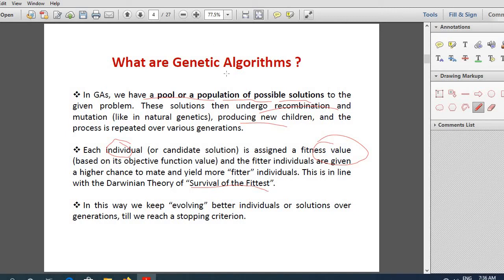So what is the meaning of this? In GA, suppose we have some 100 input variables. So there may be 100 factorial ways; the search space can be 100 factorial. You can't check the feasibility of each of the combinations of inputs.